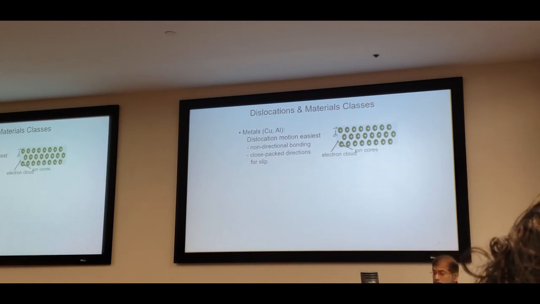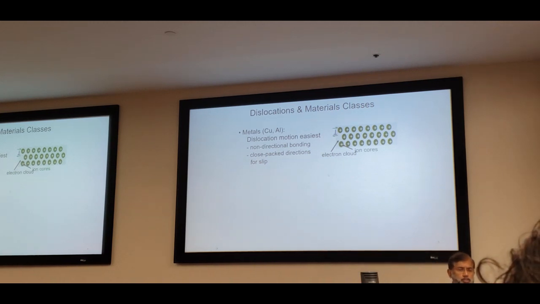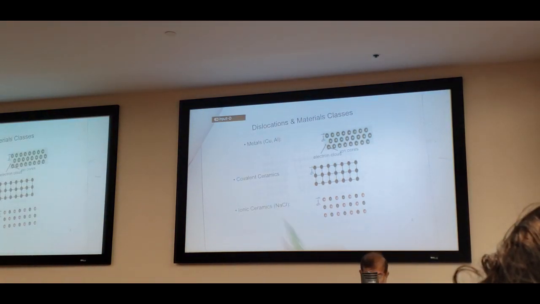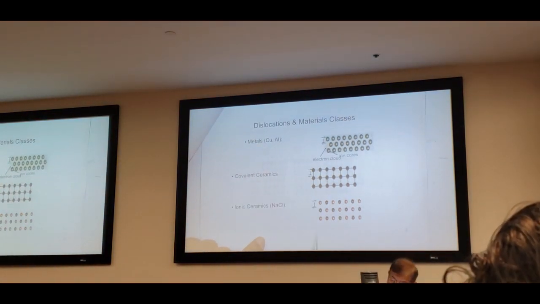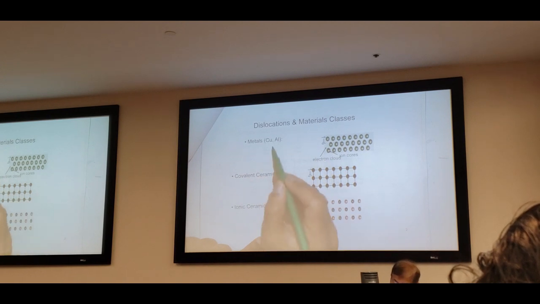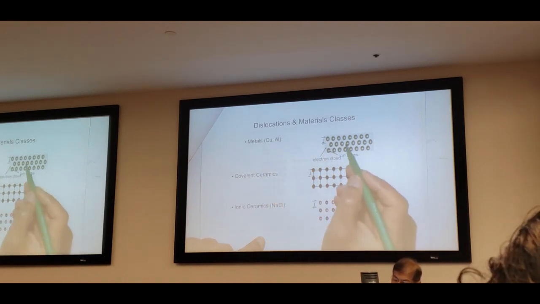So, dislocations in materials. You have metals, where you can see copper, aluminum, silver, all these types of materials.